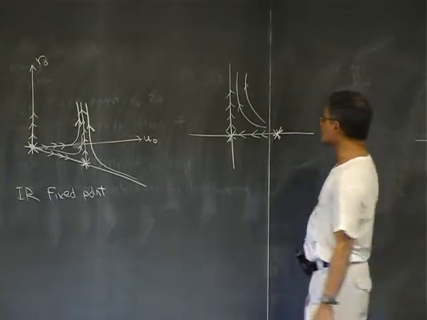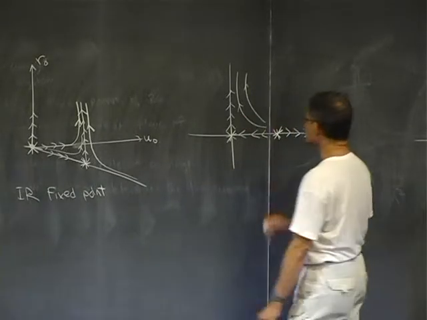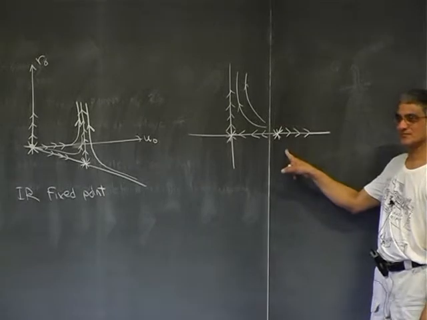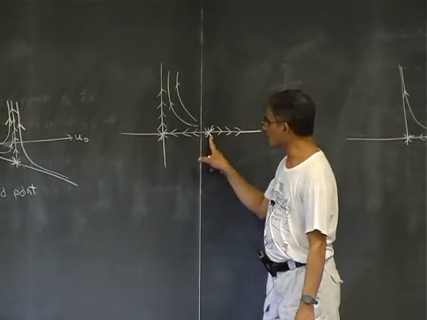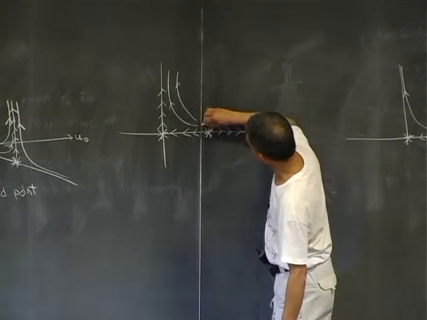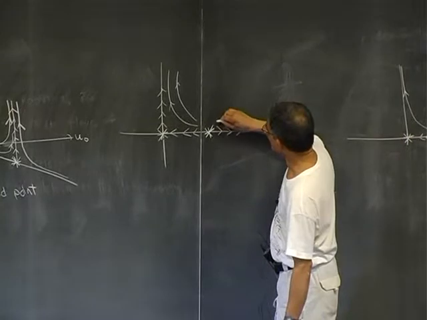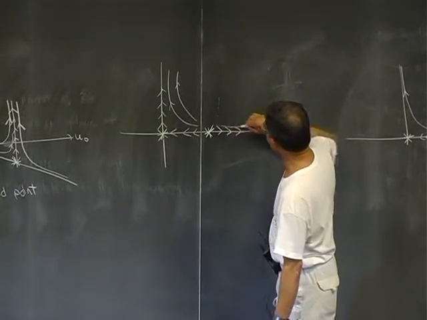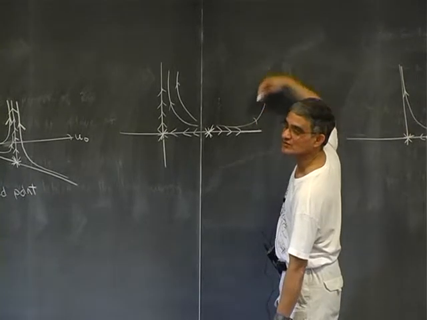Right? So if it did start from another fixed point, then things would be quite different. Then the low energy behavior of any point which starts around here is going to be governed by that fixed point, whereas any point out here will be described by something which appears at large distances on this other side.